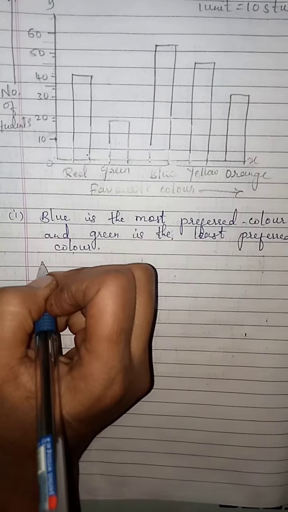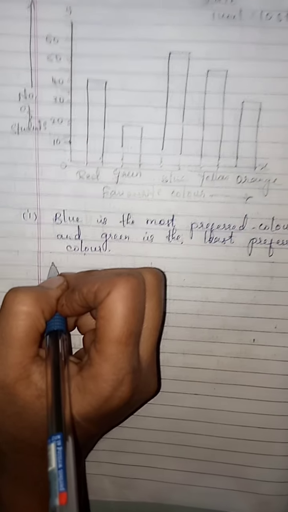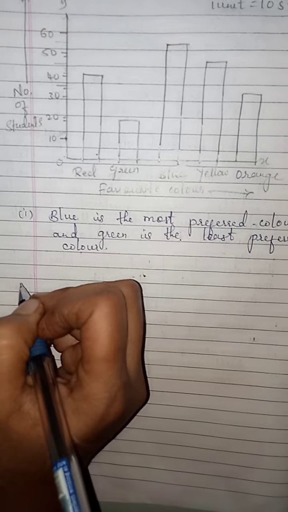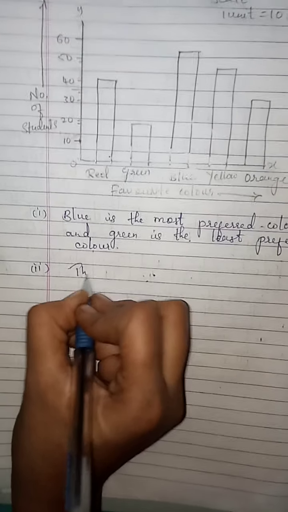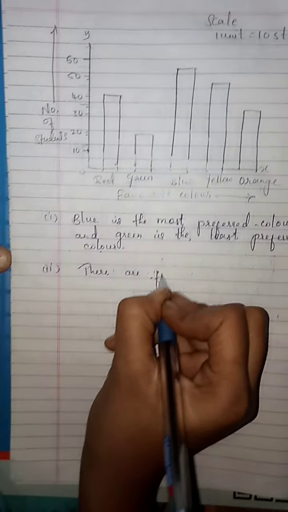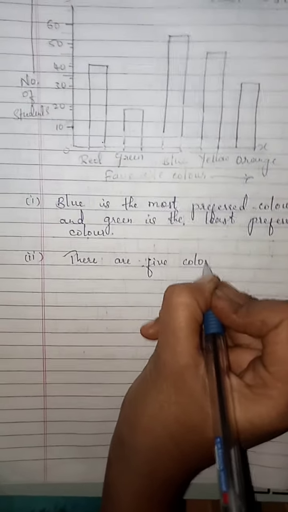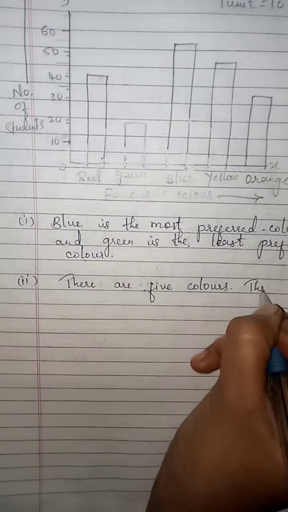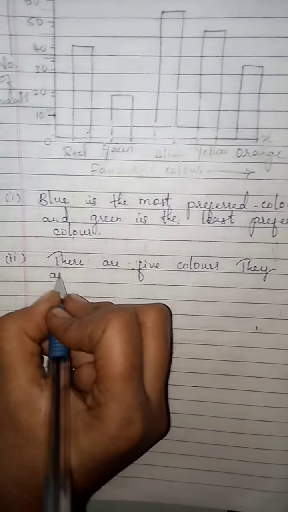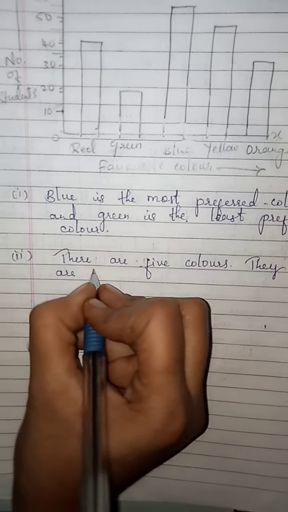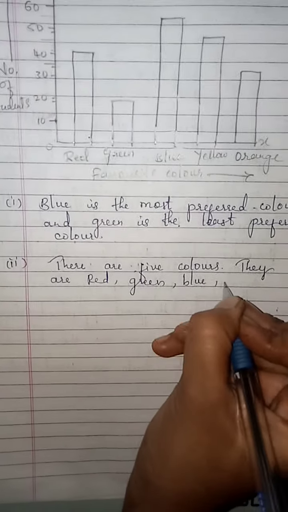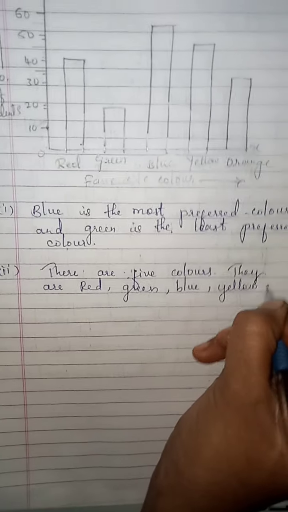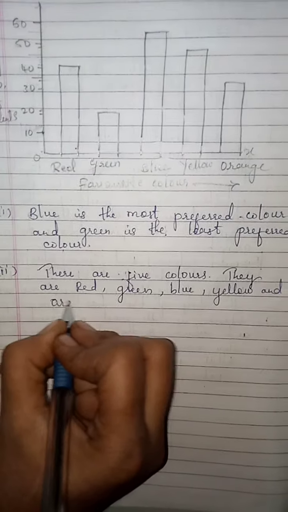Second question, children: how many colors are there in all and what are they? See, children, there are 5 colors in total, and they are red, green, blue, yellow and orange.